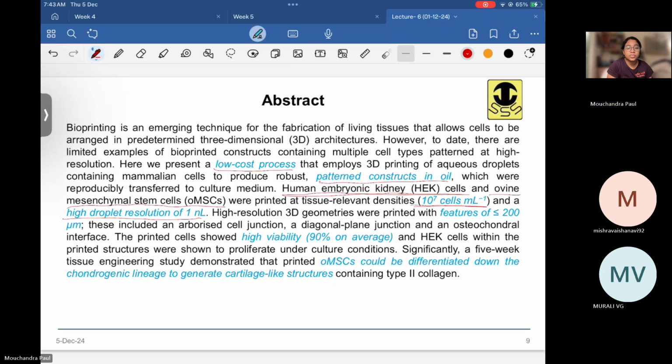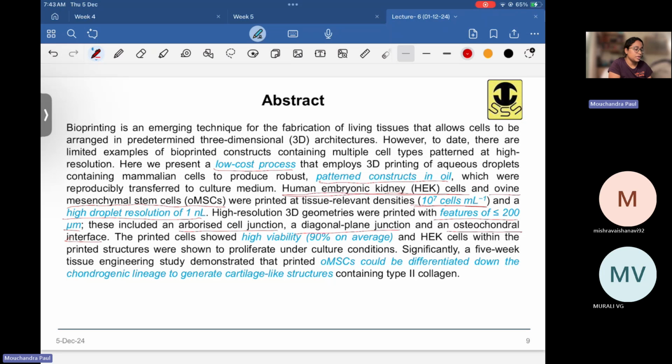The 3D geometries that they were printing had features less than 200 micron, meaning the features were very small. Okay, you can only observe them through a microscope. And they made various features including cell junctions, diagonal plane junction, and also an osteochondral interface.